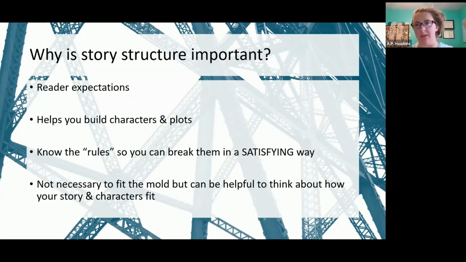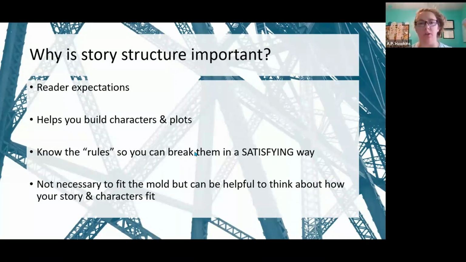But when I go to write a story, I don't set out to make that story fit a particular structure. I just draw on my experience and the information that I have unconsciously while I'm writing the story. But if I get stuck, it really helps sometimes to consider the structure of my story and the kind of thing that I am trying to get across and the arcs that I'm trying to build with my characters.